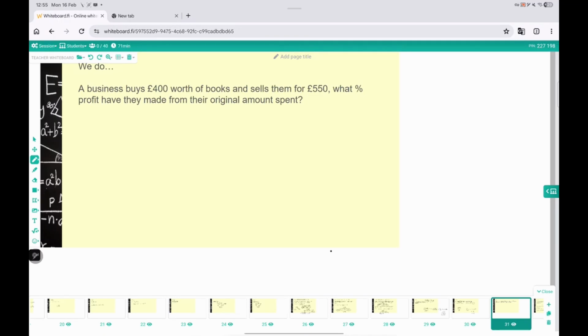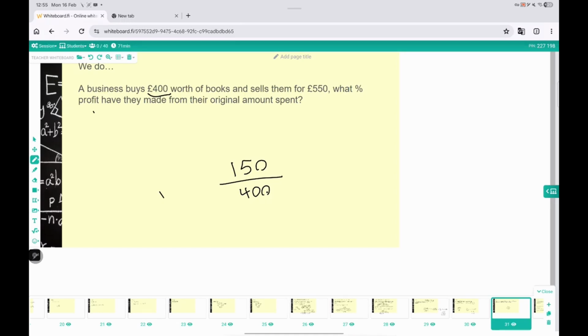Right, this is often then used to give you a profit question. So a business buys £4 worth of books and sells them for £5.50. What percent profit have they made? Okay, so we can clearly see the change is 150. The original amount, well, they originally spent £400. So it's 150 over 400. And again, you don't even have to use the fraction button in your calculator.